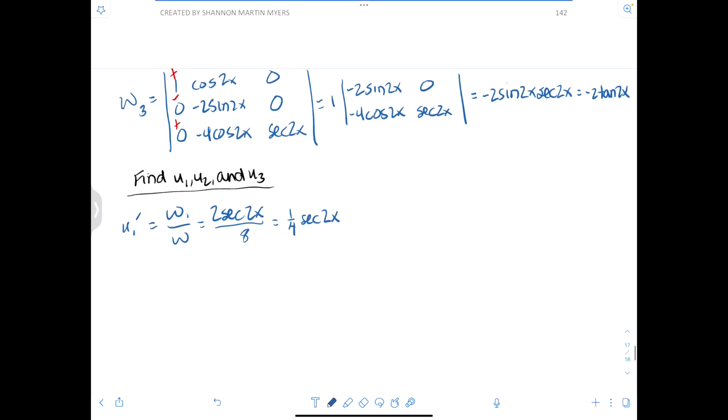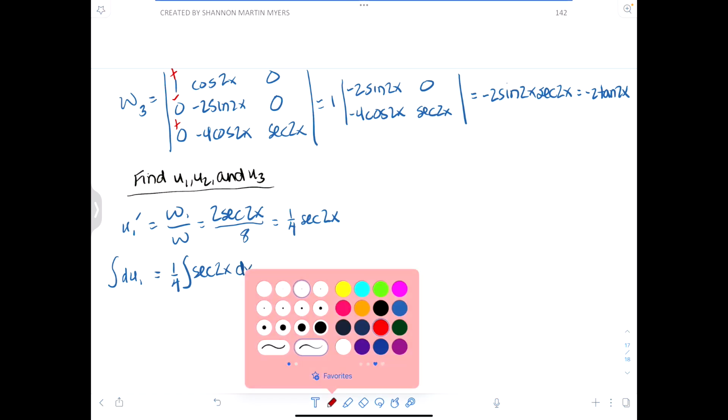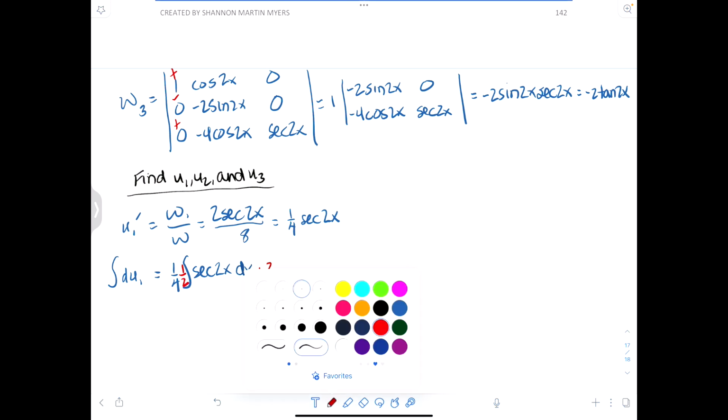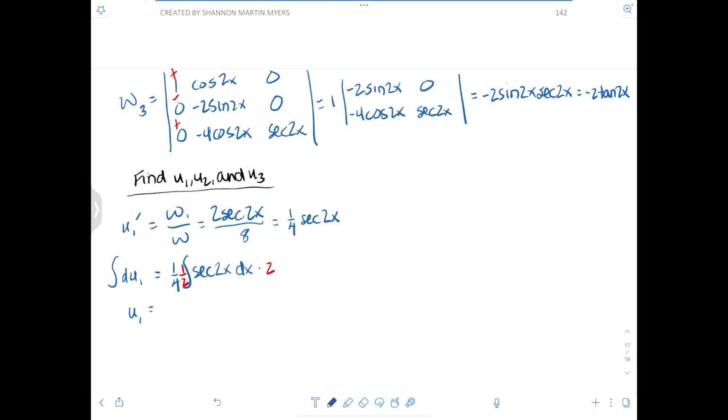And then to integrate that, we'll have du1 is equal to 1/4 times secant 2x dx. I'm just pulling that constant out. In order to integrate, we have a 2 as a multiplier to that angle, so the derivative of that is 2. So we're going to need to balance it by 1/2. So then we'll get u1 is equal to 1/8 times natural log absolute secant 2x plus tangent 2x.